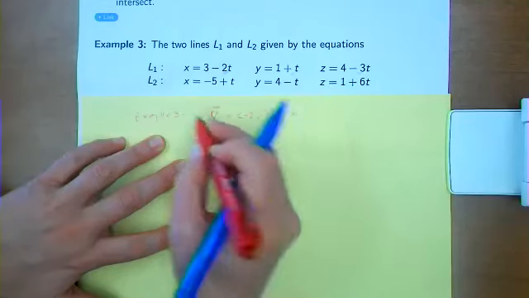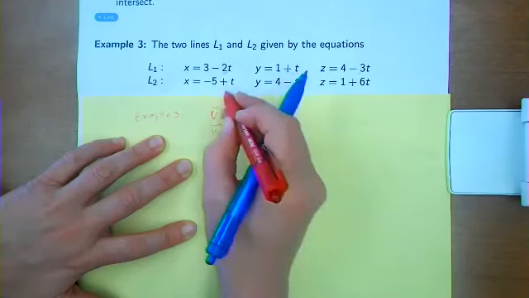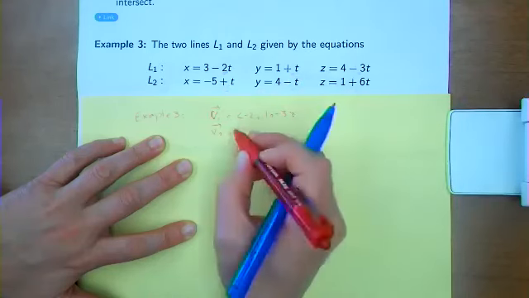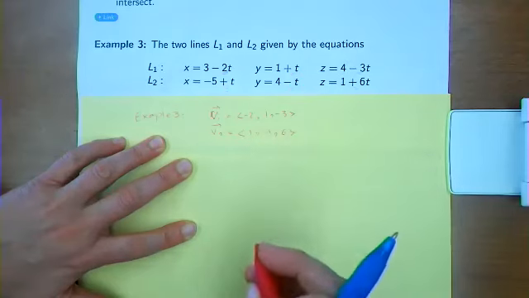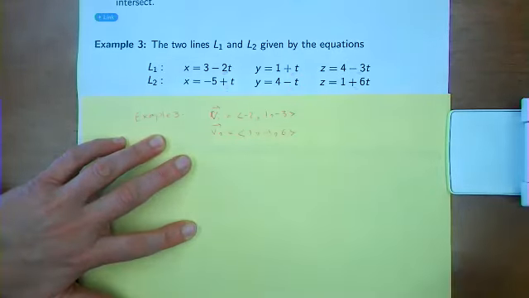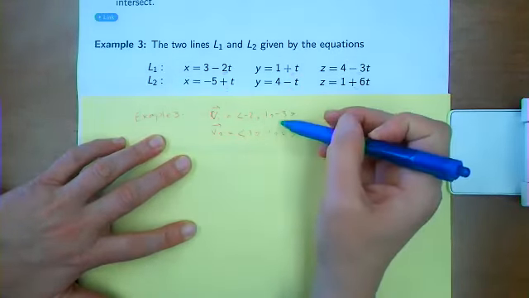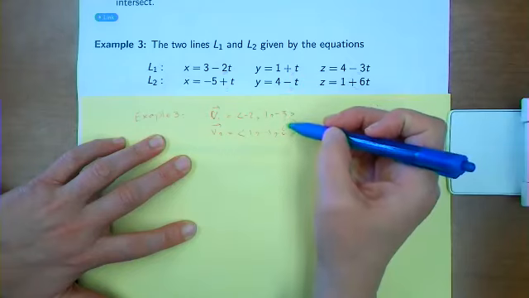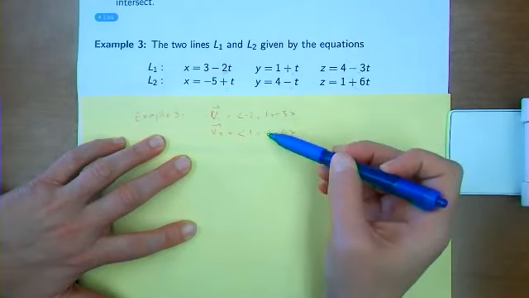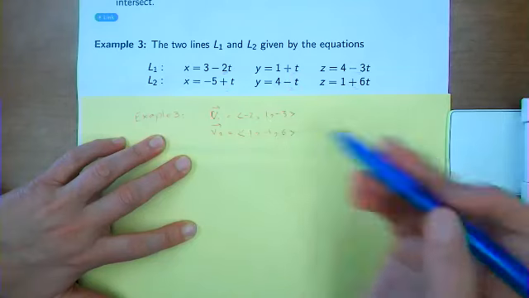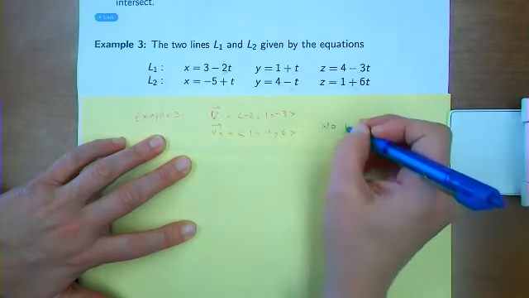Then V2 comes with 1, -1, and 6. Now, these two are not constant multiples of each other. If I multiply this one by -2, then the second one doesn't match. So not parallel.